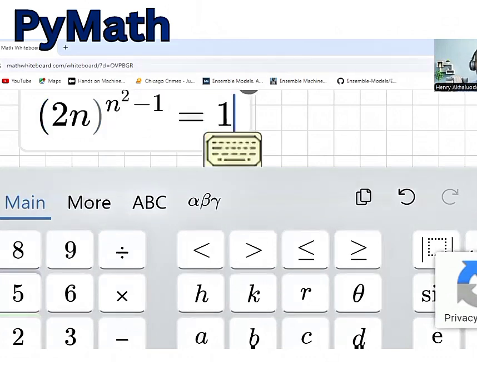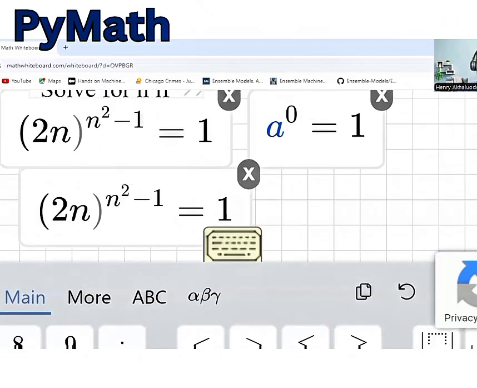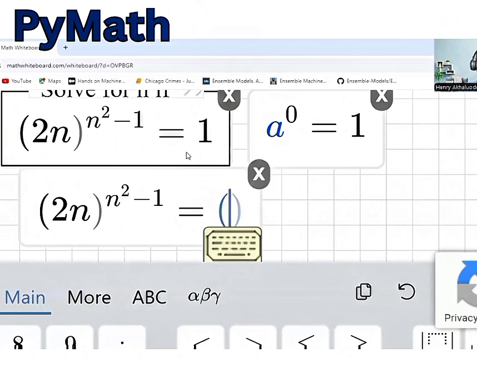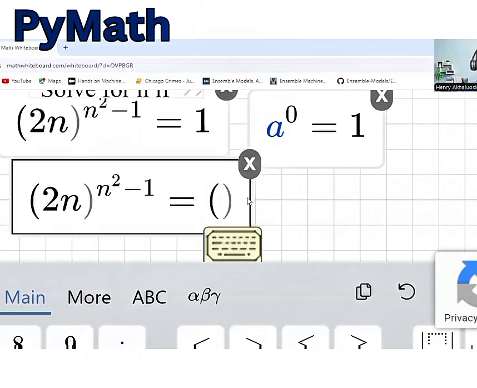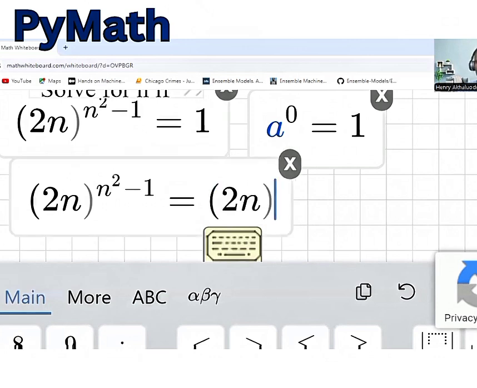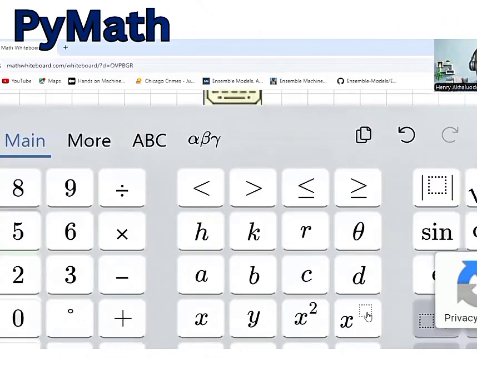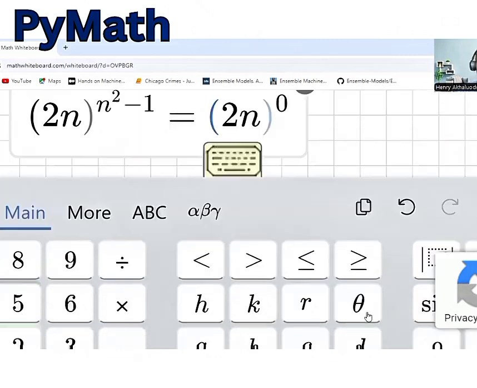Instead of having 1 here, we'll change this now to look like the law we just stated above. So it becomes 2n to the power of 0.